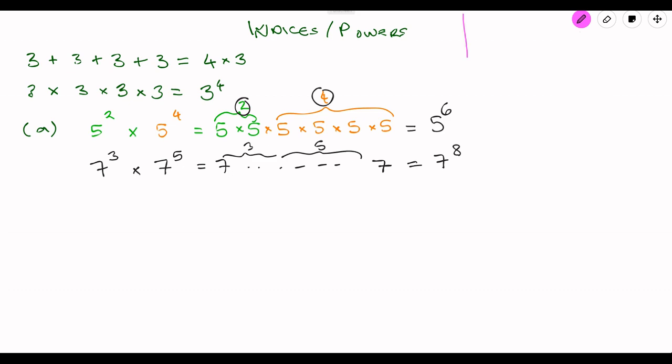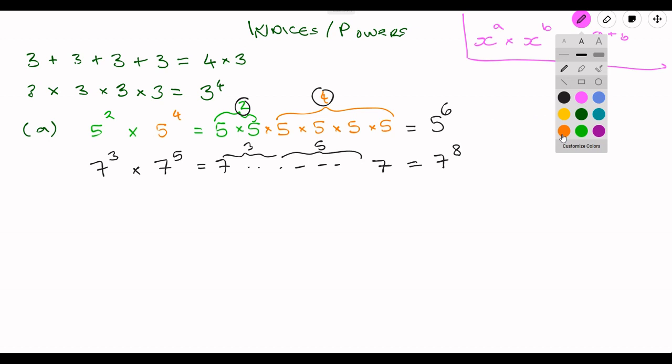Okay, so if you have some number to the power of a, and then you've got the same number to the power of b, then the result will be that same number again, but with the powers added together, a plus b.